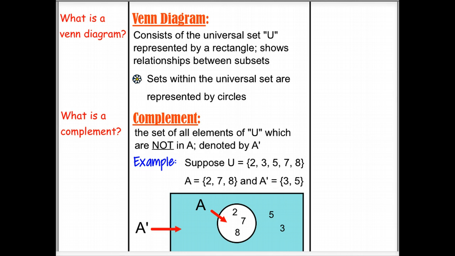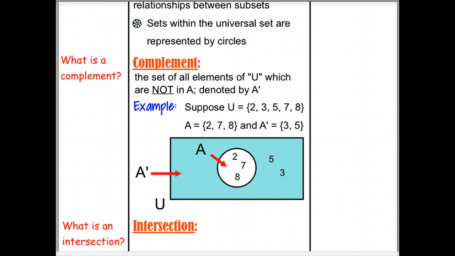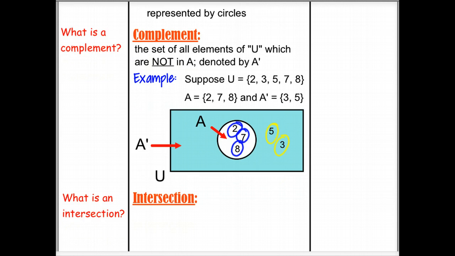The complement of A would be 3 and 5. And that would be shown in a picture like this, where we have here 2, 7, and 8, each within the circle, while 5 and 3 are outside the circle but still in the rectangle. So they're still a part of U, they're just not a part of A. So A prime can be noted as not A.